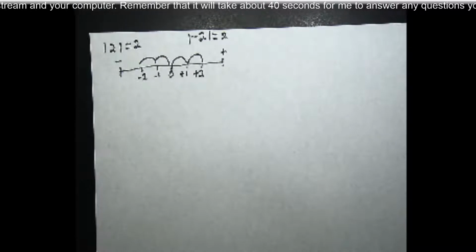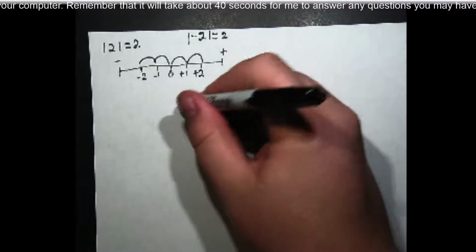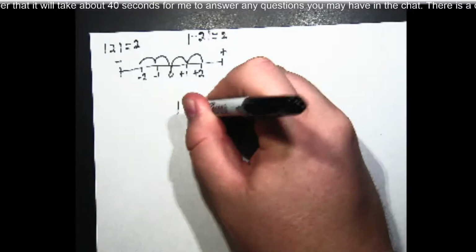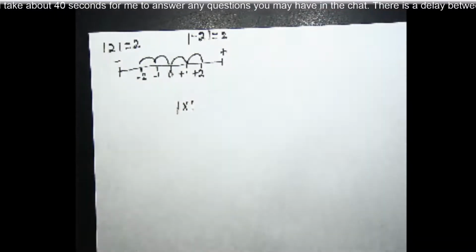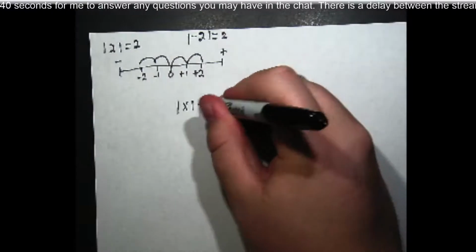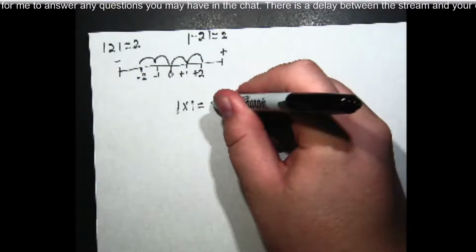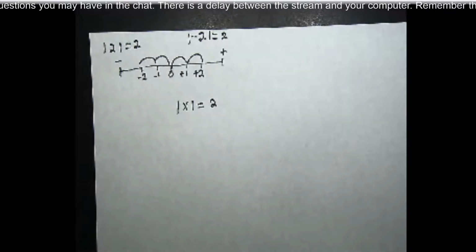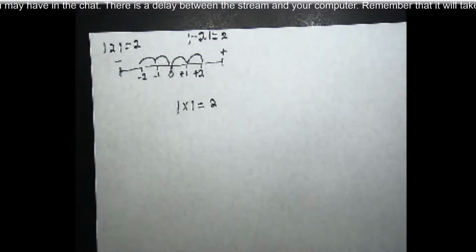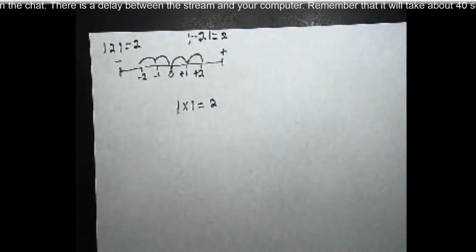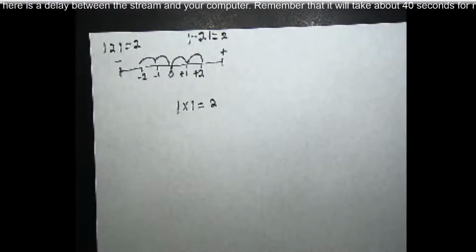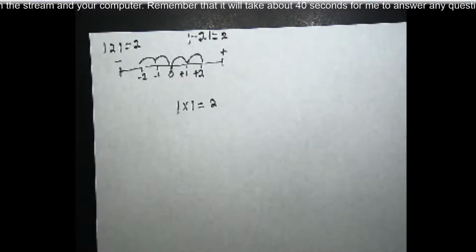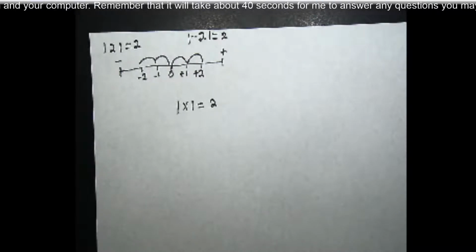So then let's go the opposite direction. Let's say we have an absolute value of x, something we don't know yet, equals 2. Well, then what could be the values of that x? Negative 2 and positive 2.